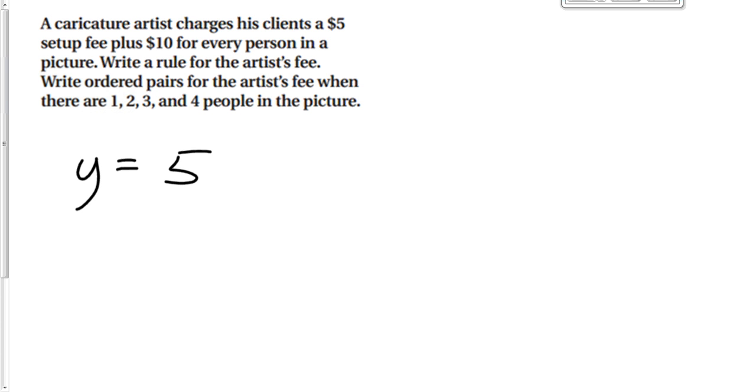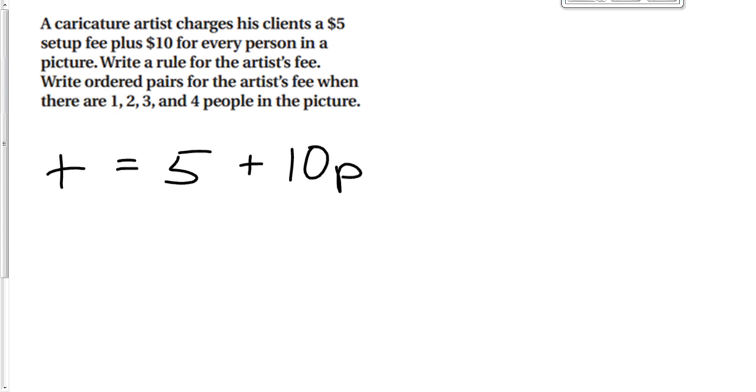And actually, let's not use y. Let's use a different letter. For now, let's say we've got our $5 setup fee, and that's going to be plus $10 for every person. We'll call this the total amount of money that's going to be spent. So $5 plus 10 times however many people there are.